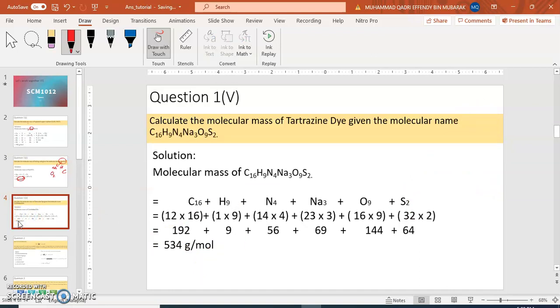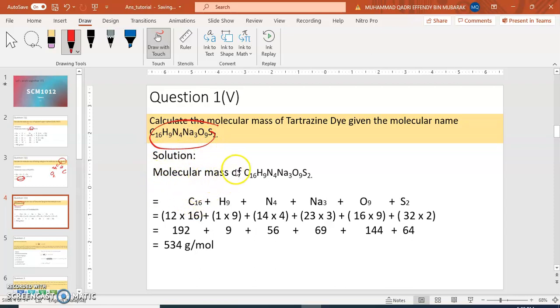Question 4. This question asks us to calculate the molecular mass of tartrazine dye, given the molecular formula is C16H9N4Na3O9S2. The molecular formula of this compound is quite complex, but again the concept is quite the same. So do not fear when you see this long molecular formula, because the concept is the same.